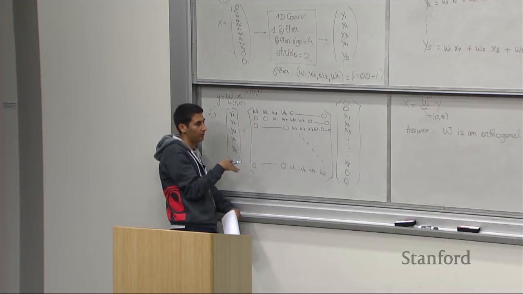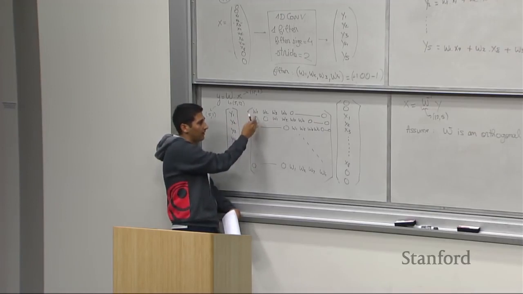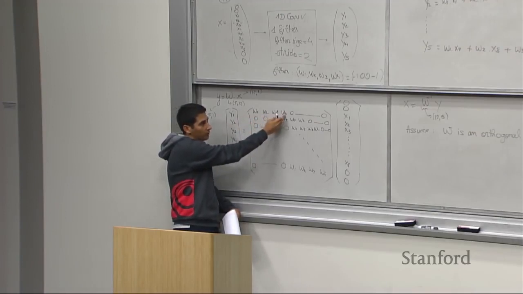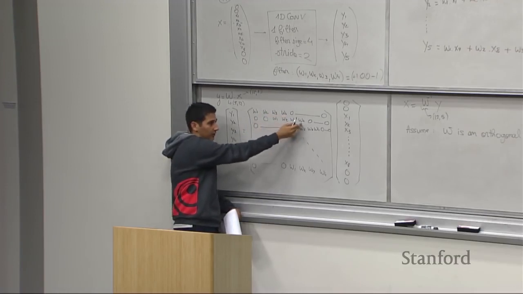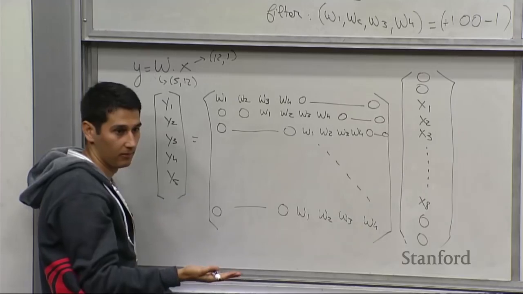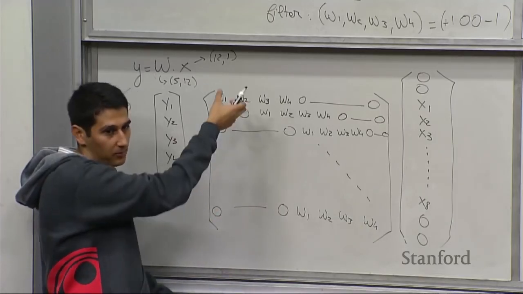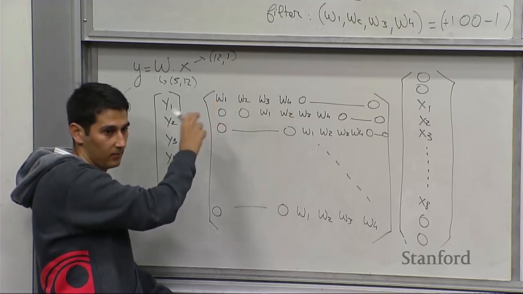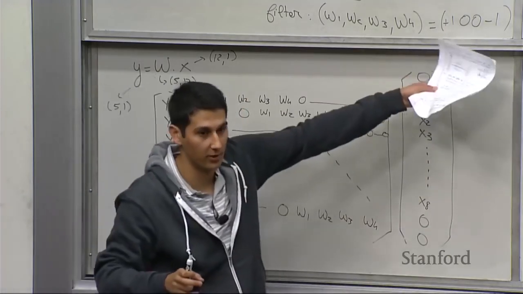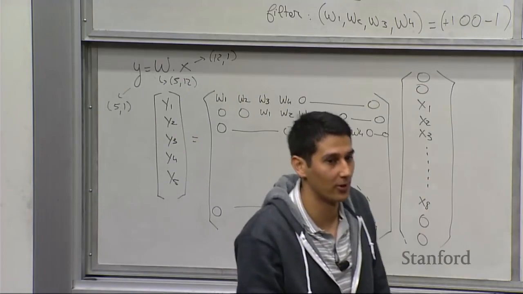Here the stride is 2. But if I replace this W1 by +1, 0, 0, -1, and the next row by -1, 0, 0, +1, you can see that the dot product will be 0. The zeros will multiply the ones, and the ones will multiply the zeros. It gives me a 0 dot product. So this is a case where it works. In practice, it doesn't always work.